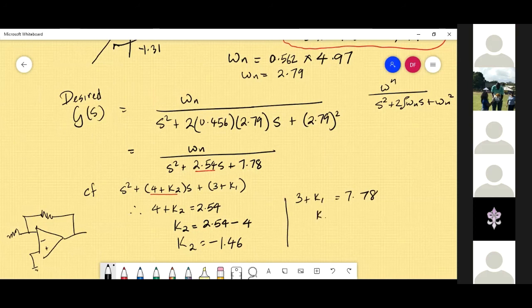So K1 is 7.78 minus 3, which is 4.78. So these will be the two gains that we need to get the desired result.